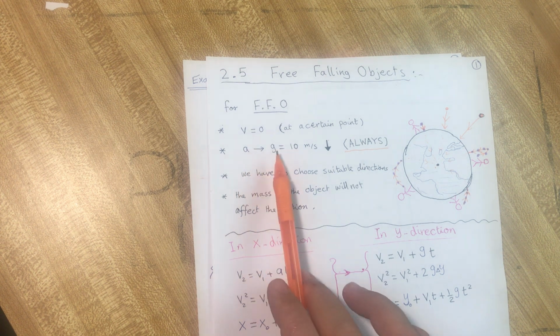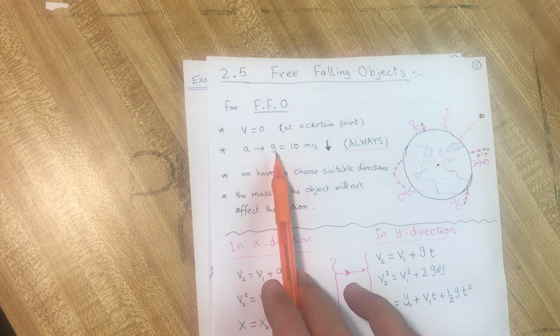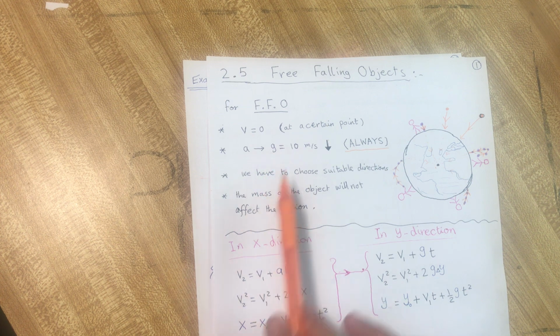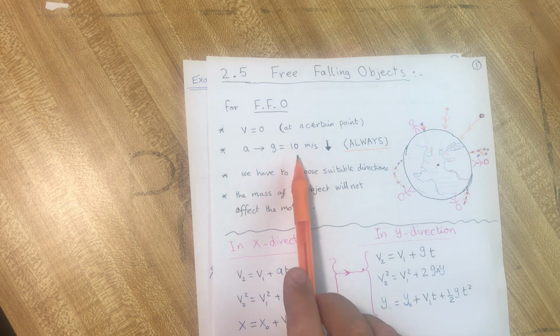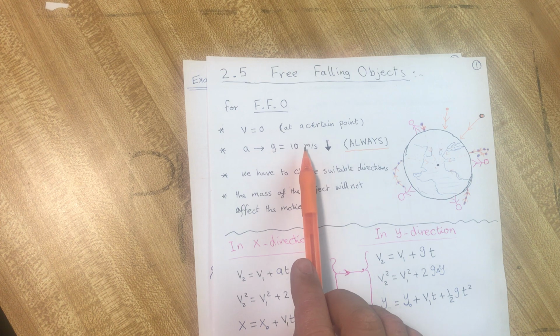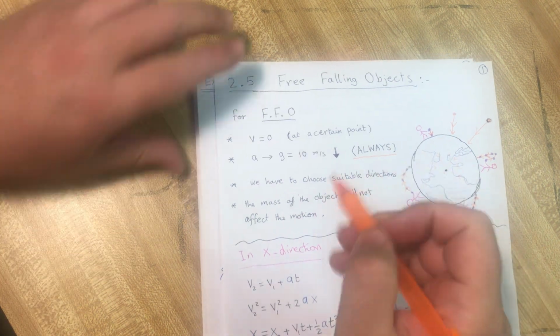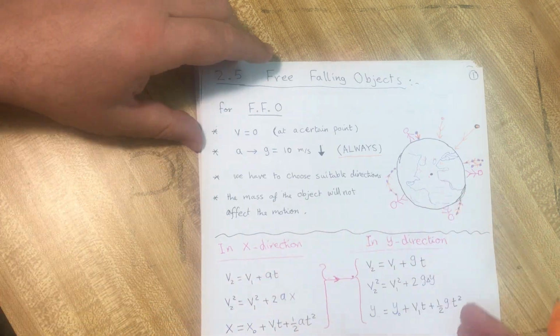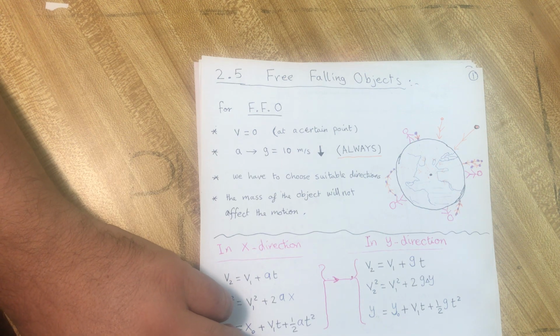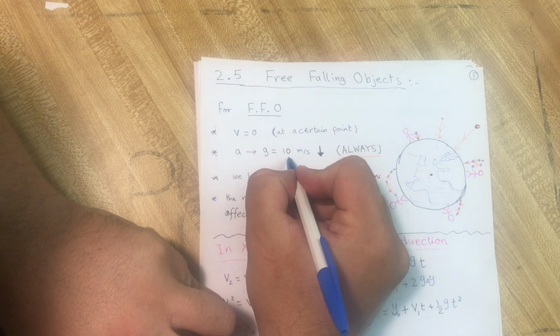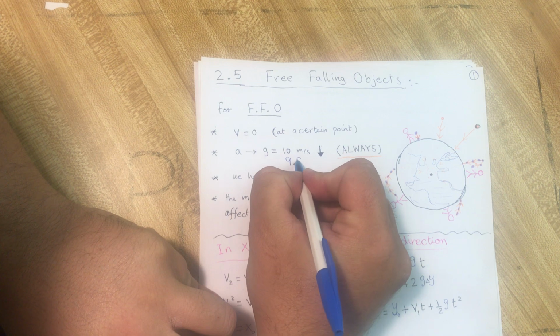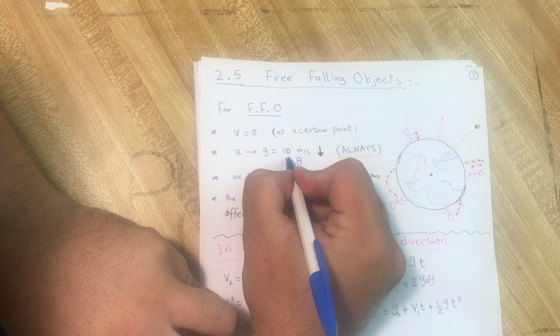The acceleration, we will name it g, is due to gravity. It is not exactly 10, but approximately 10; it is equal to 9.8. Be careful.